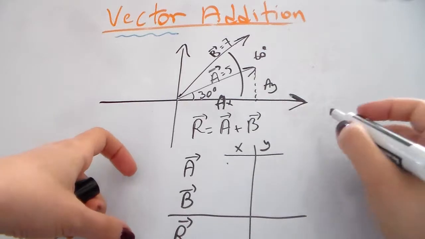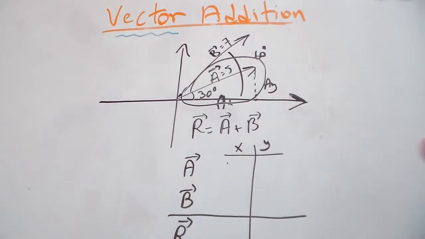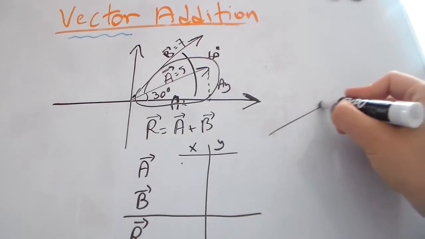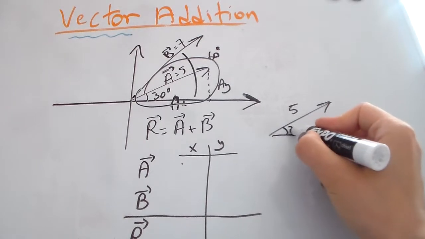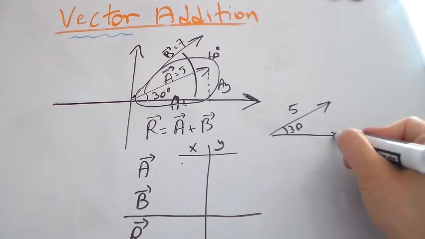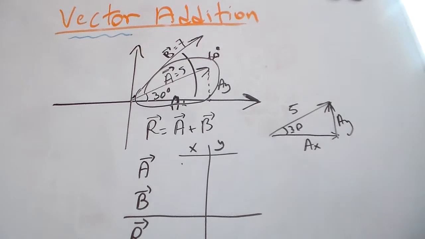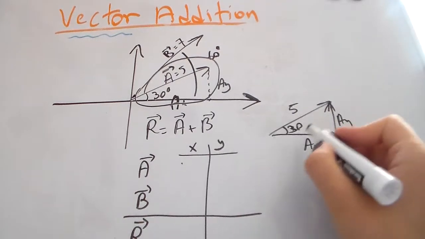Let me zoom into A and redraw it so that we know how it looks. This is 5 and this is 30 degrees. This is AX, this is AY.